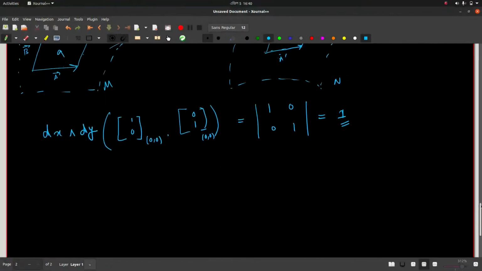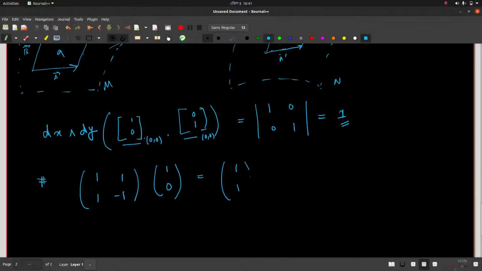And now let's consider the idea of push forwards, that is, these two vectors will get pushed forward. So the pushed forward version of this vector (1, 0) will be (1, 1), like this.